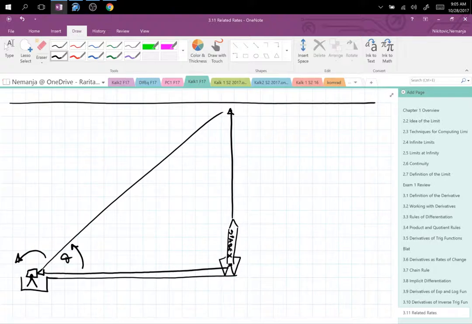Can you do that with a constant motion? No. Why not? Yes. So the rocket is going to start slowly, right?